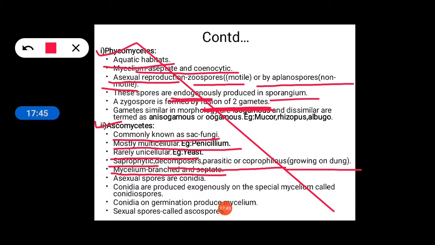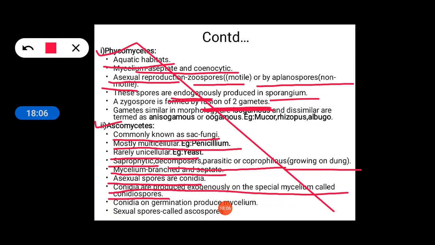Asexual spores are conidia. Here the asexual spores are known as conidia. Conidia are produced exogenously on a special mycelium called conidiospores. Exogenous means outside. Here, where does the conidia form?